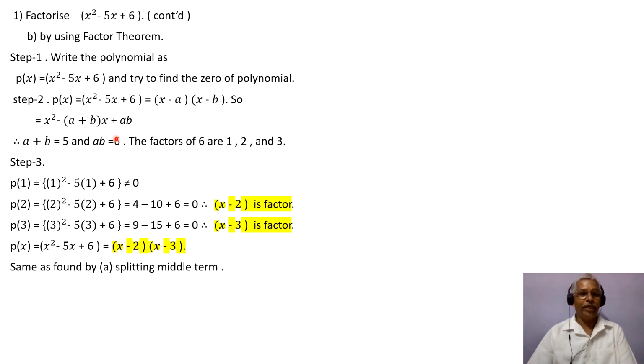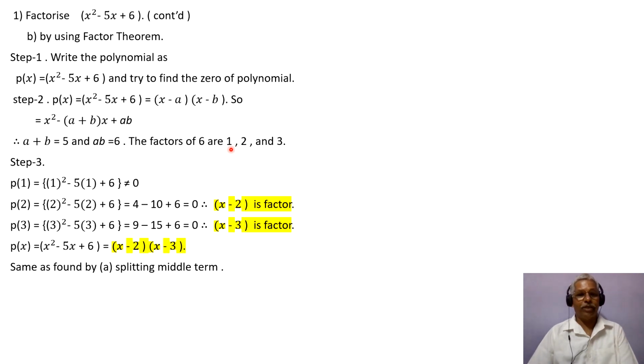We need this to find the zero of the polynomial, because we have to find the factors of this. The factors of 6 are 1, 2 and 3. This is the method of the factor theorem. Try to understand this very clearly.